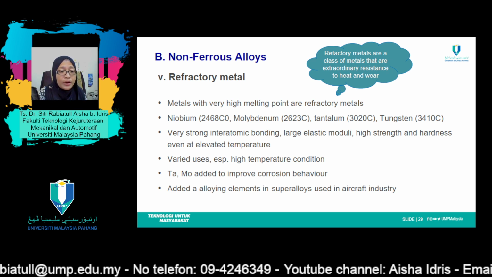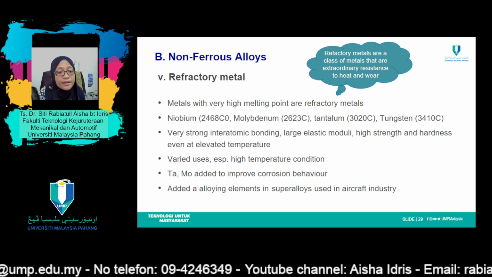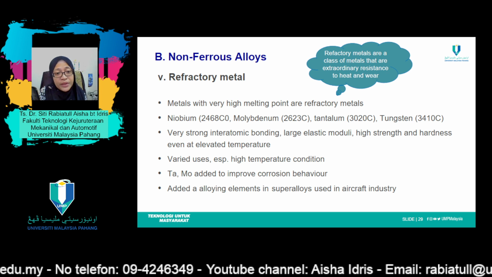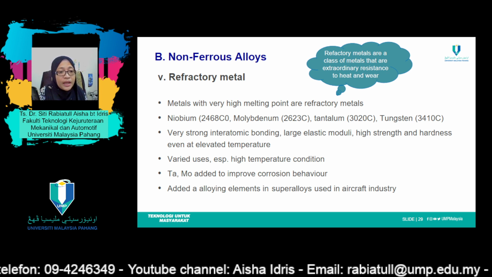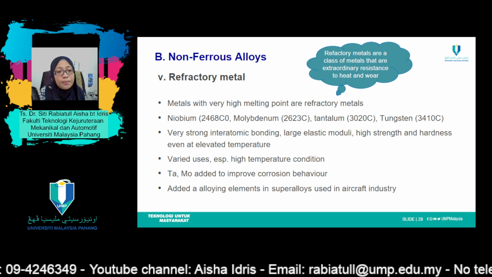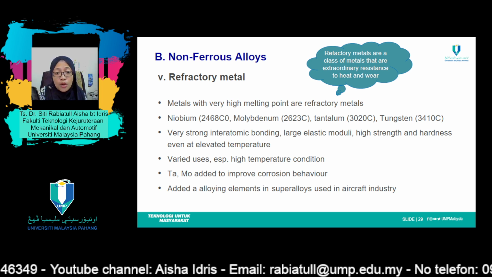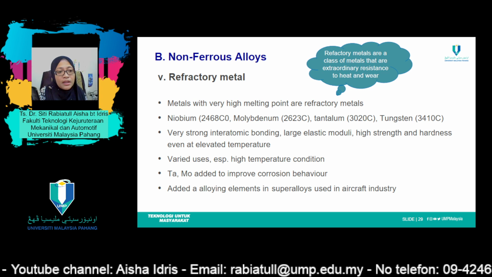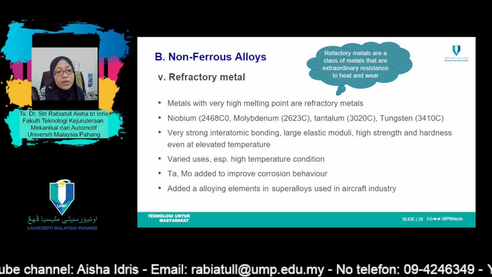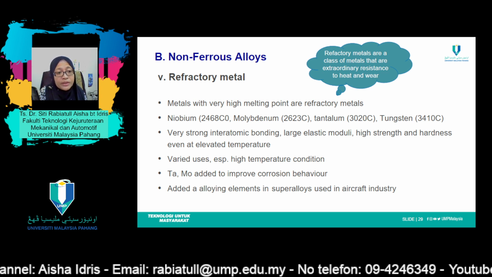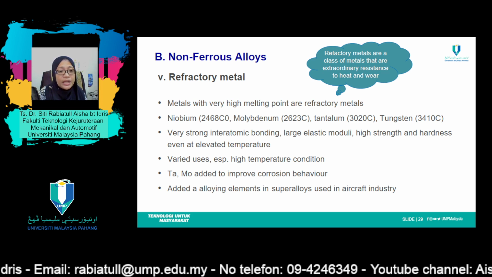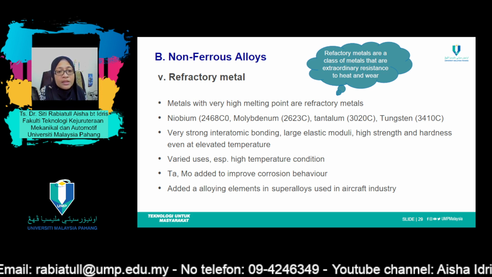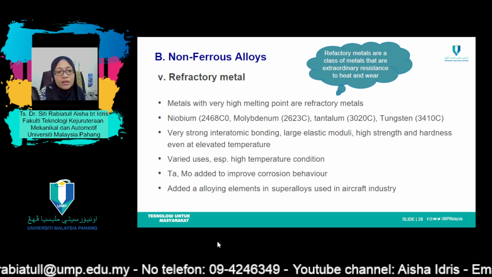Molybdenum alloys are utilized for extrusion dies and structural parts in space vehicles. X-ray tubes and welding electrodes employ tungsten alloys. Tantalum is immune to chemical attack by virtually all environments at temperatures below 150 degrees C and is frequently used in applications requiring corrosion resistant materials.